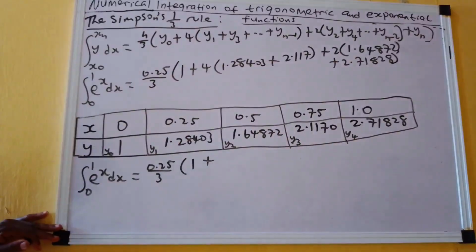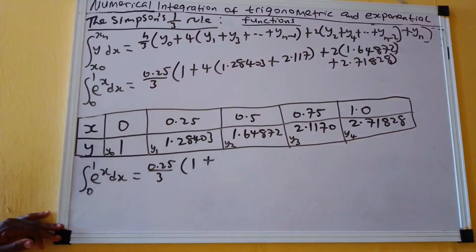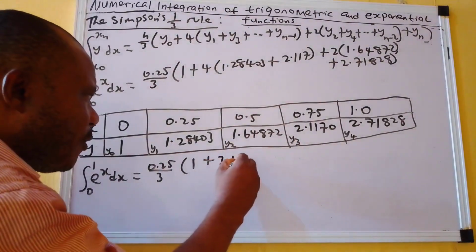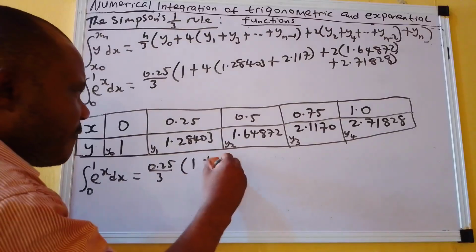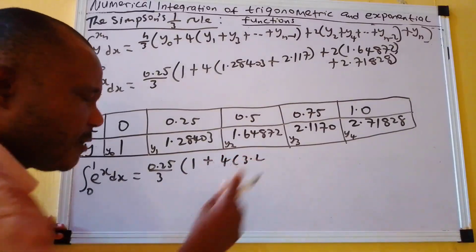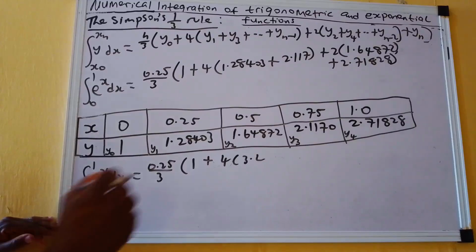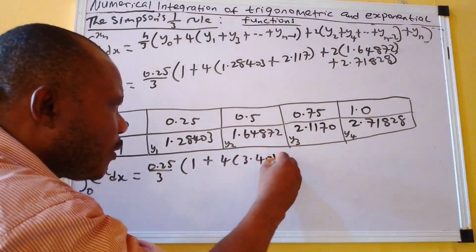it will be 4 into 3.40103, 3.4 into 3.401, 40103.